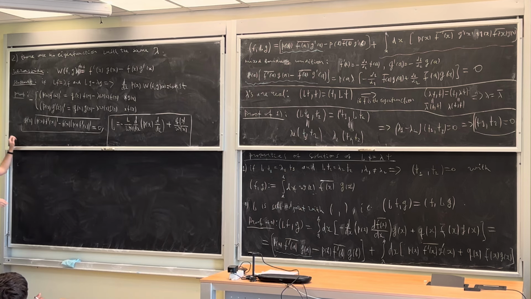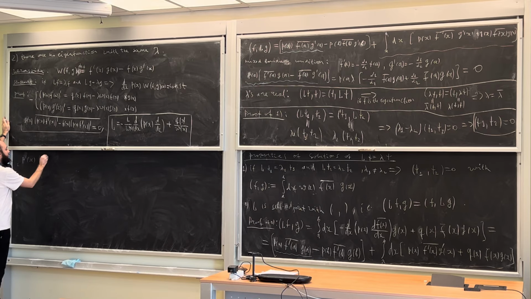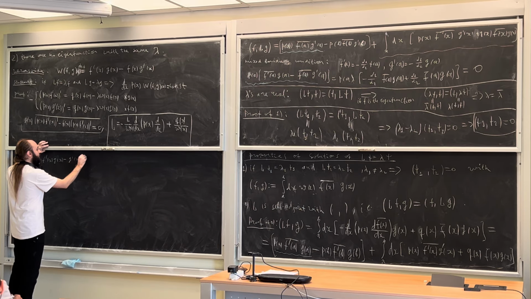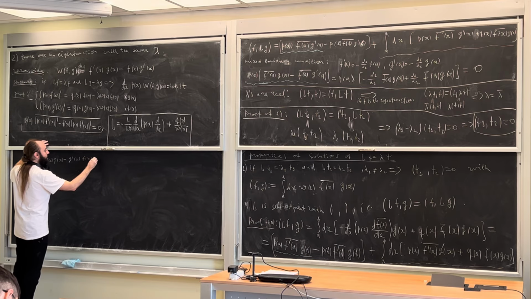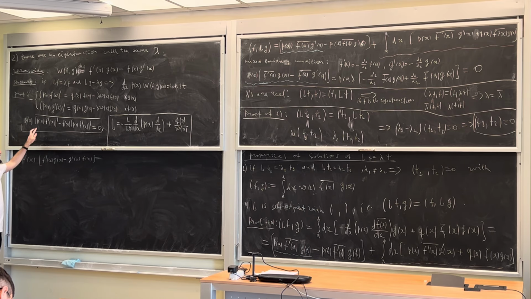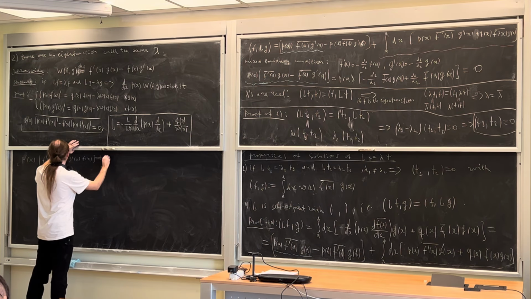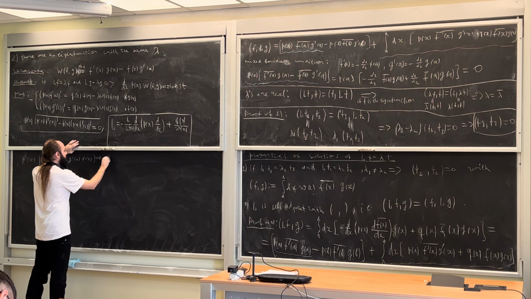So we'll have p prime of x times (f prime of x g of x minus g prime of x f of x), this term. And there is another term when we differentiate f prime.